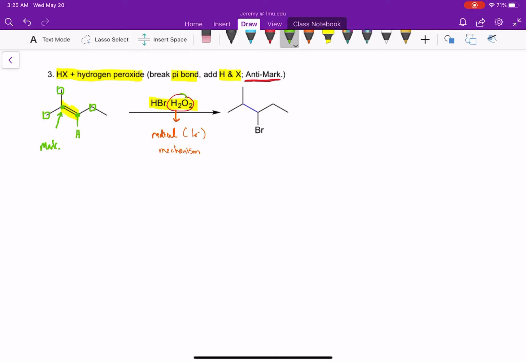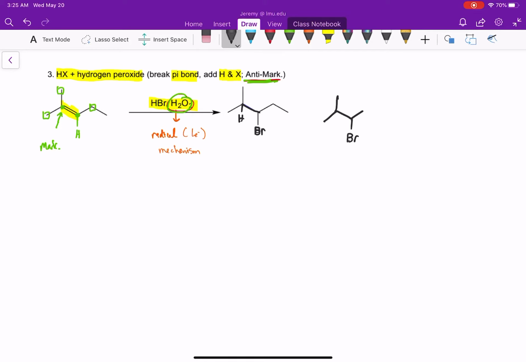But because this contains H2O2, we're not going to follow that. We're going to do the opposite of it. So we're in fact going to add our H to the left side in this case, and then adding the bromine to the right side, all right? And this is the product that we get, all right? So we can simply draw the product out like this. That is the final product that we get.